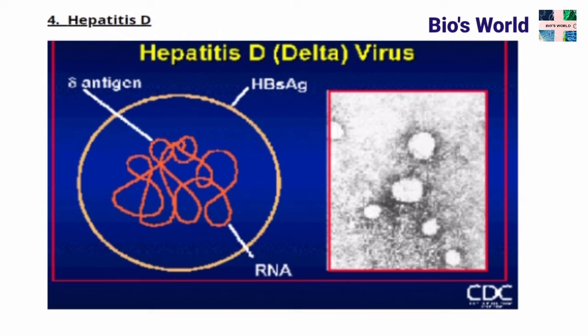Adults who are at high risk for infection, such as those who use intravenous drugs, should be immunized because there is no recognized treatment for acute or chronic hepatitis D, unlike other forms of hepatitis, for which antiviral medication exists.